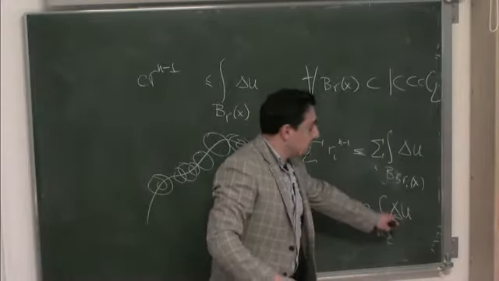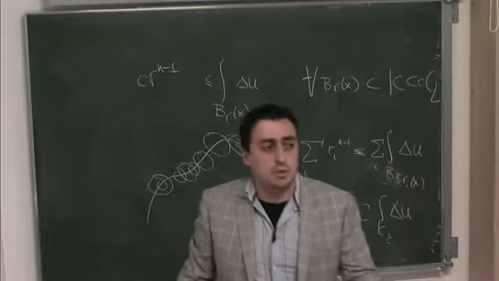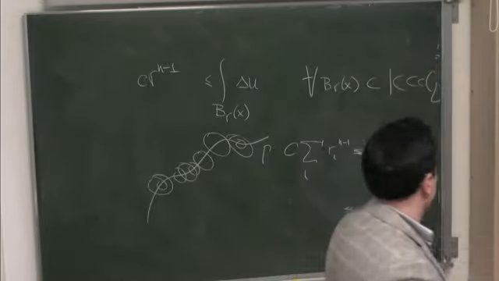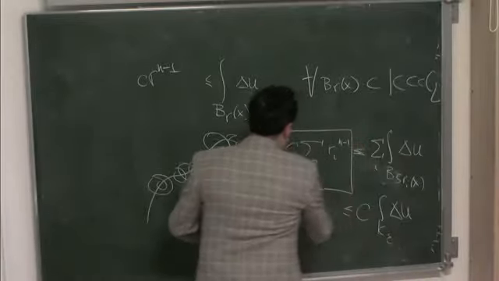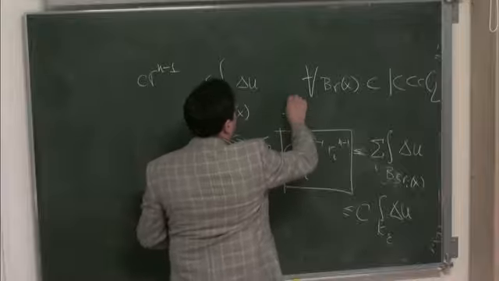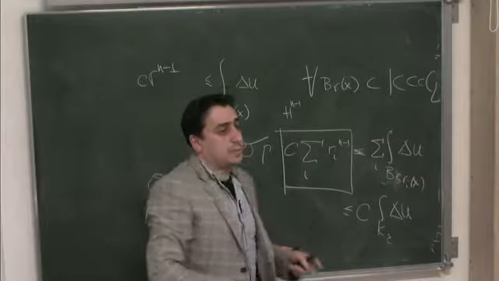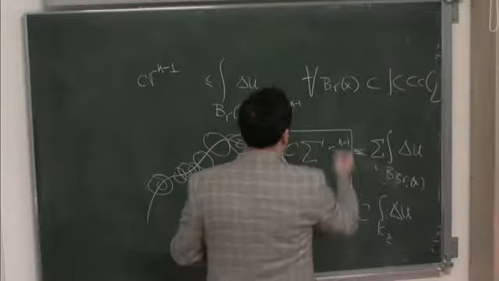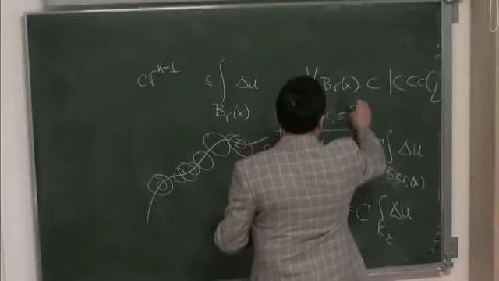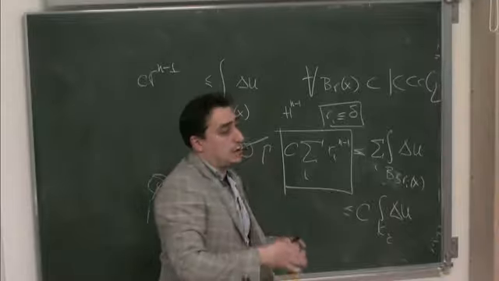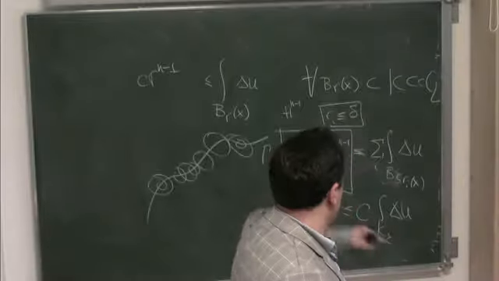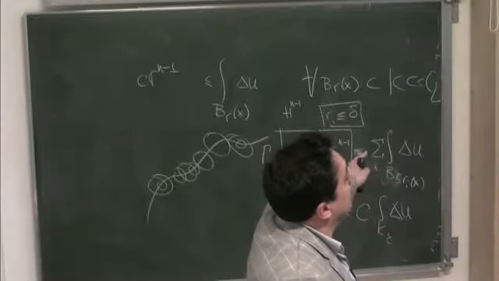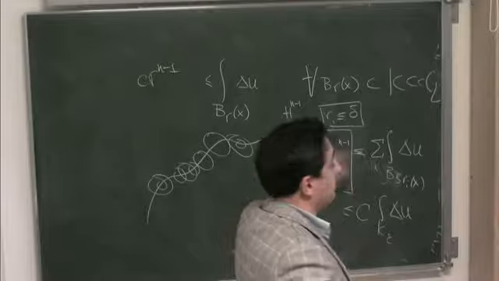And if your Laplace of u is a Radon measure, and it is going to be a Radon measure because of the discussion above, then you get an estimate for the n minus one-dimensional Hausdorff pre-measure, meaning that this is done on the assumption that your r_i's are sufficiently small. And then you send your delta to 0, and you conclude that the n minus one-dimensional Hausdorff measure of the free boundary is finite.